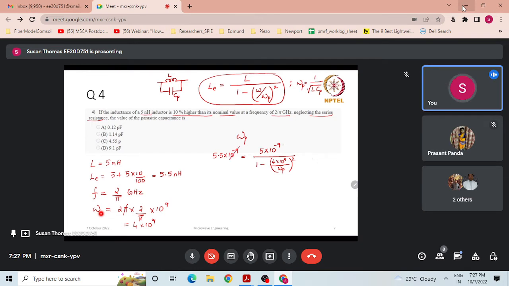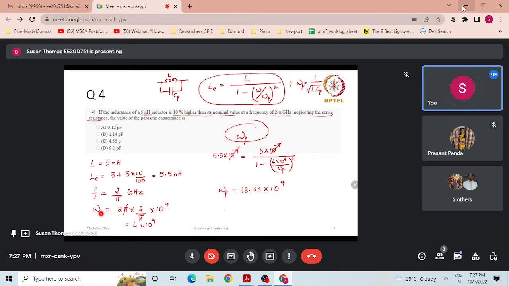From this omega p can be calculated. Once you simplify this, omega p will be 13.33 into 10 power 9.